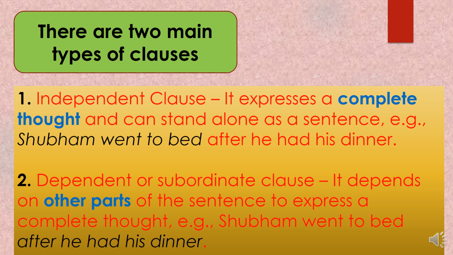So it is an independent clause because it can stand alone as a sentence. But after he had his dinner needs the first part to make some sense. It is making some sense, but it cannot stand alone as a complete thought or a sentence. So it is a subordinate or dependent clause.